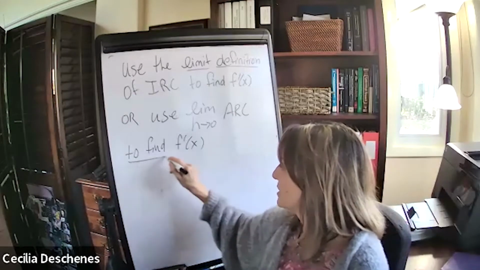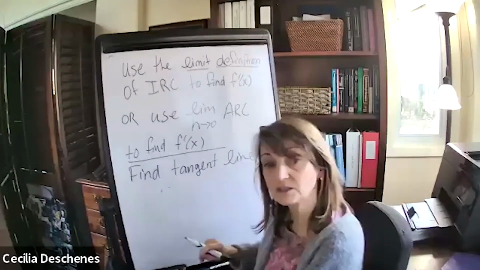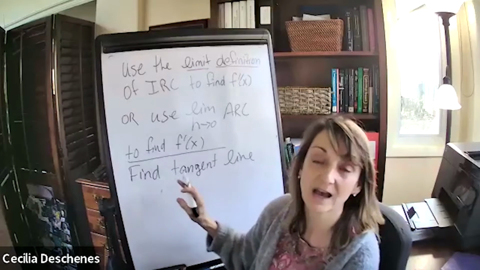So if you're asked to find the tangent line, that's a little bit of a more complicated question, but that's a great question. So you would have to have a place where you're finding the tangent line.